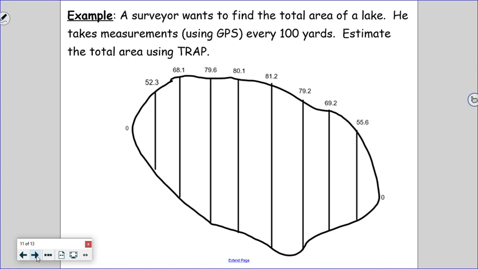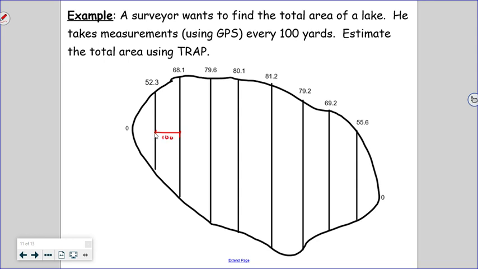He takes measurements using GPS every 100 yards, estimates the total area using trap. So again, if they want us to use a trapezoidal approximation, they will say that, use trapezoidal approximation, trap. They told us that the distance between where these GPS measurements are happening is 100.